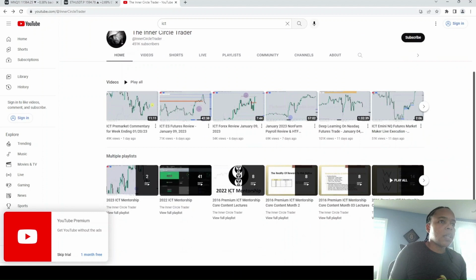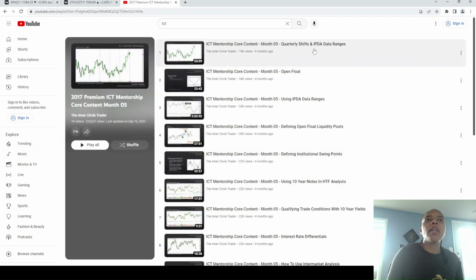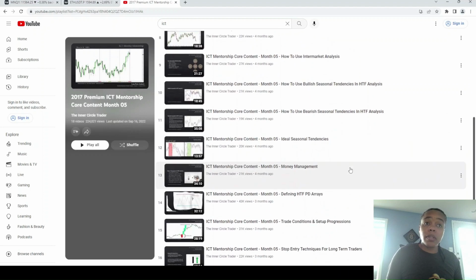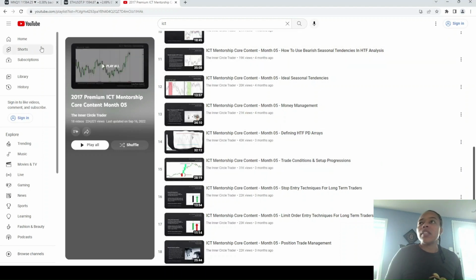What's next after 4? Let's see what 5's got going on. Quarterly shifts in IPDA, data range, open floats. Okay. This looks very detailed. I'm very excited to be able to get through a lot of this stuff.